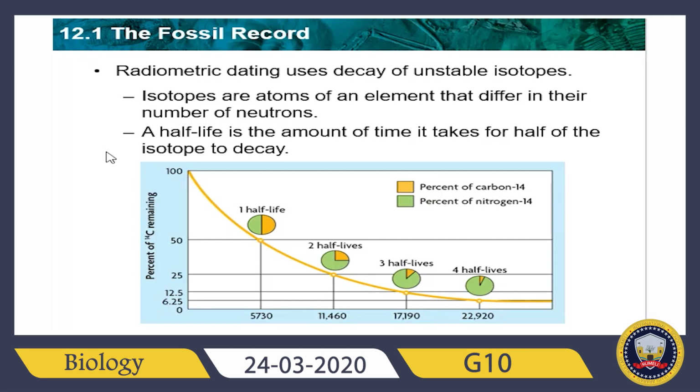So we usually use uranium to estimate the Earth's age. As we know, Earth's age is about 4.5 billion years. That's why we can't use carbon-14 dating to estimate the Earth's age.